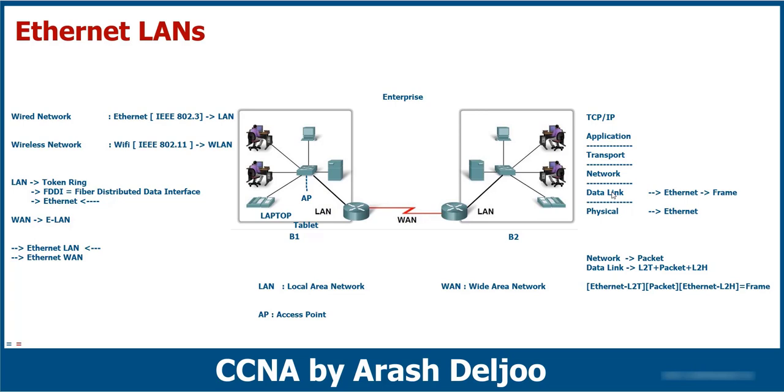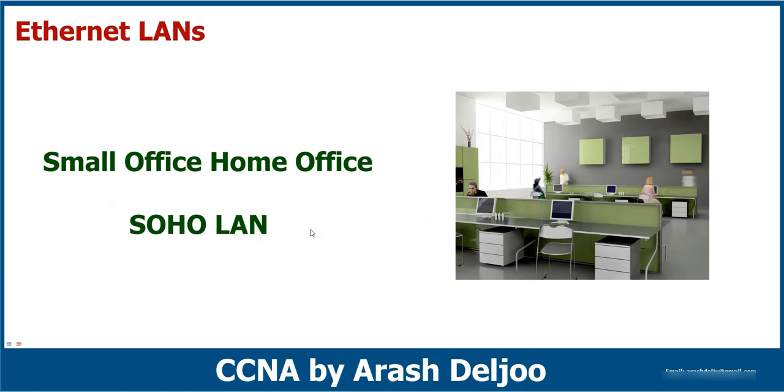But before that, I'm going to give you some examples about Ethernet. Before talking about Ethernet LANs, let me give you a brief overview of the SOHO LAN. You know that we have two types of LAN, SOHO and enterprise LAN.